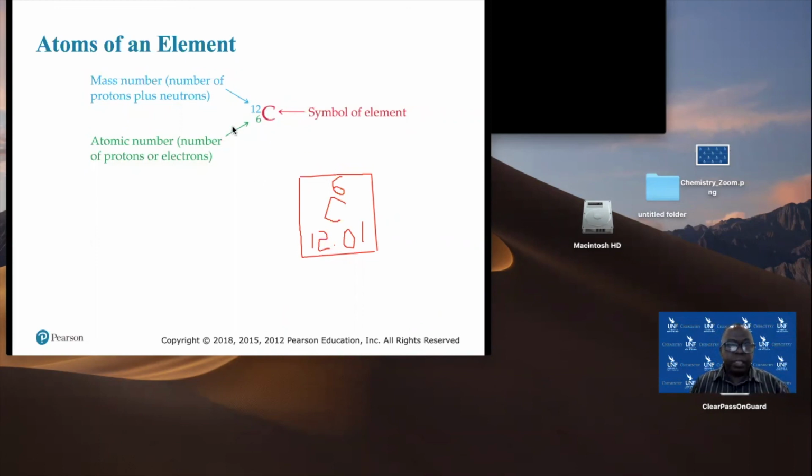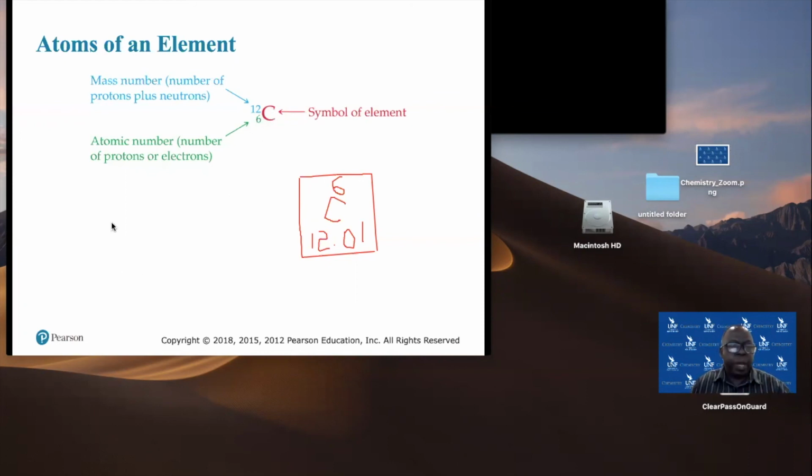Look at the notation here. It is understood that right here, this is the chemical symbol.